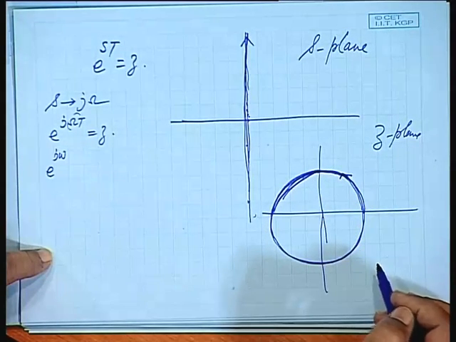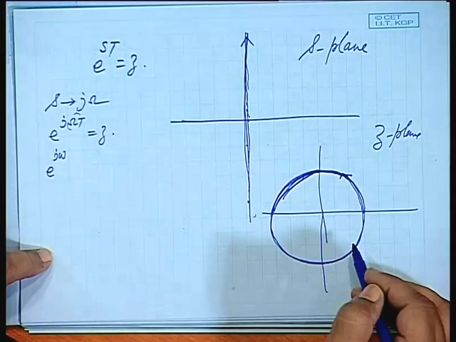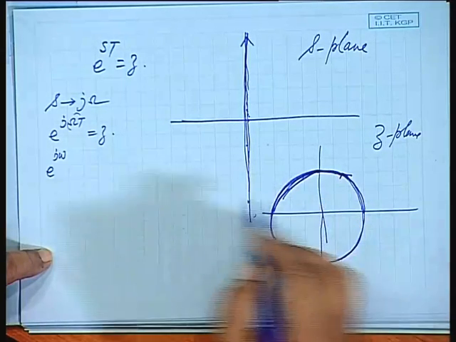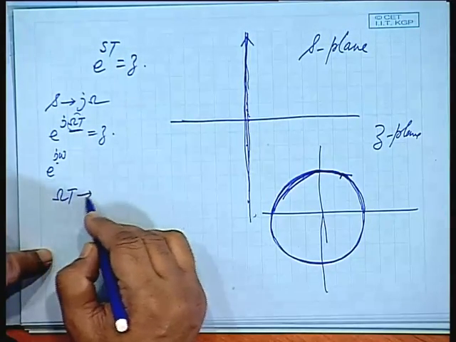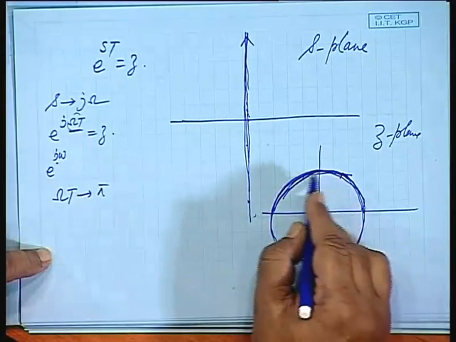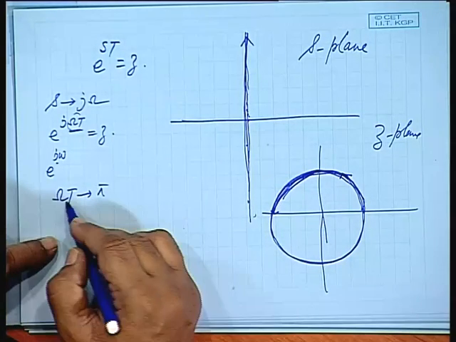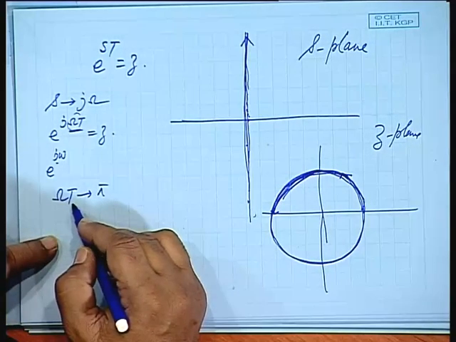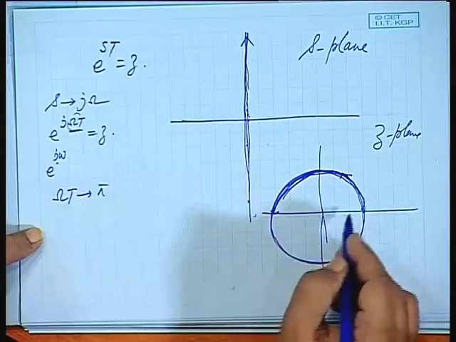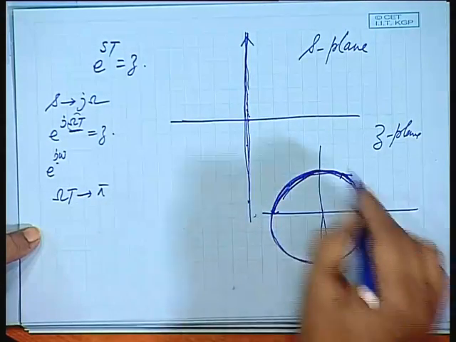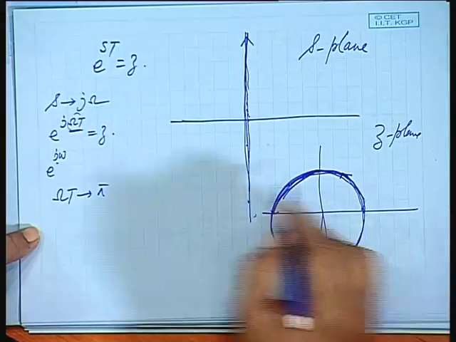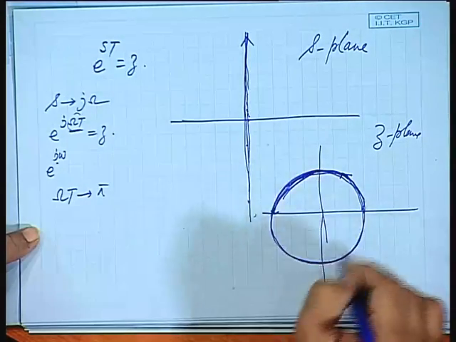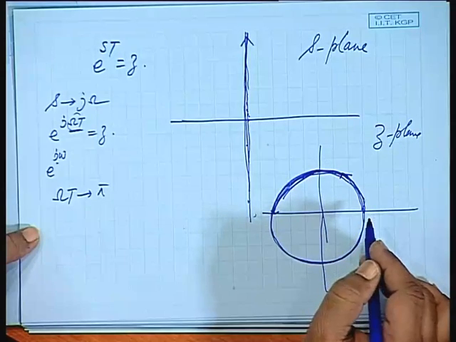Is it all right? How many times? Infinite number of times. Whenever I make omega t equal to pi, I come up to this. That means it is dependent on sampling frequency. Sampling time t will decide how often I will make the circles here. So, it is basically mapped as an infinite number of circles ideally.